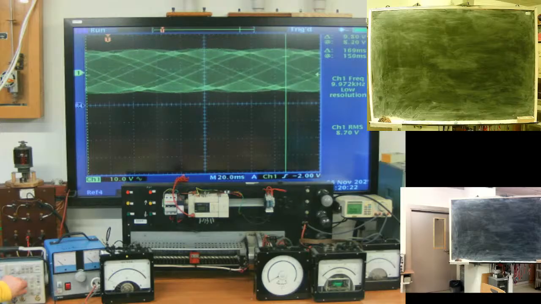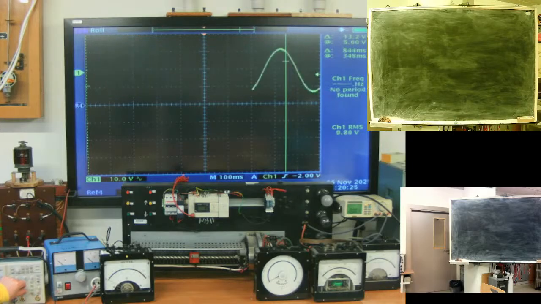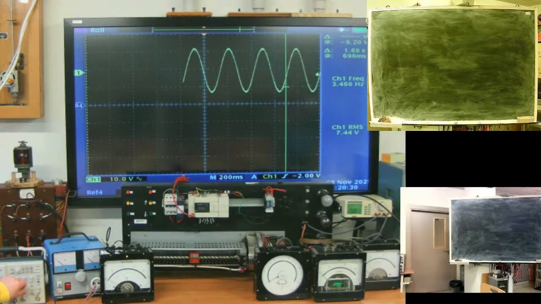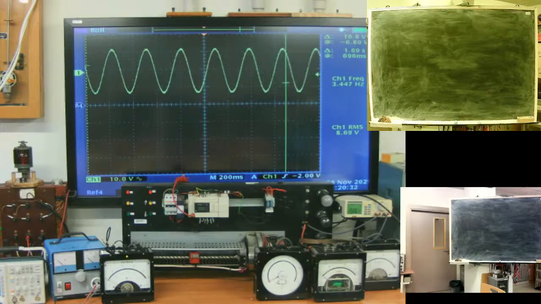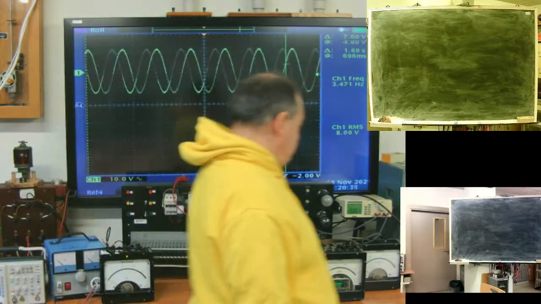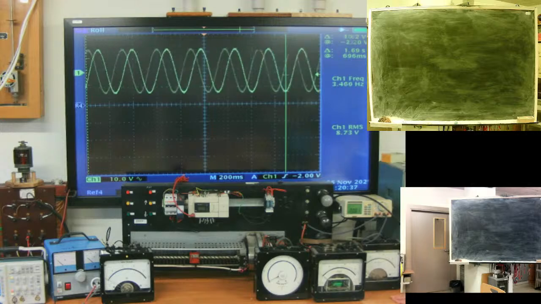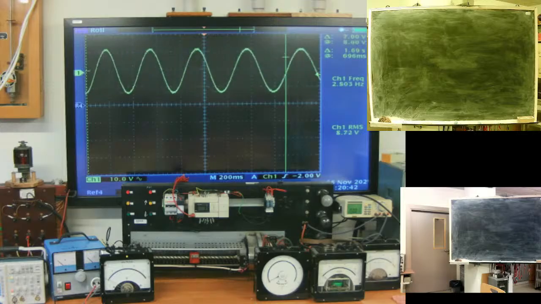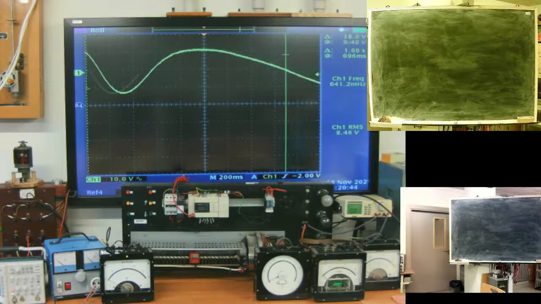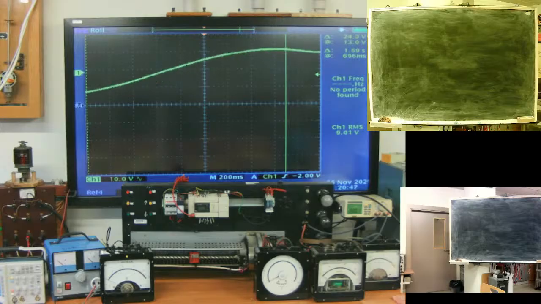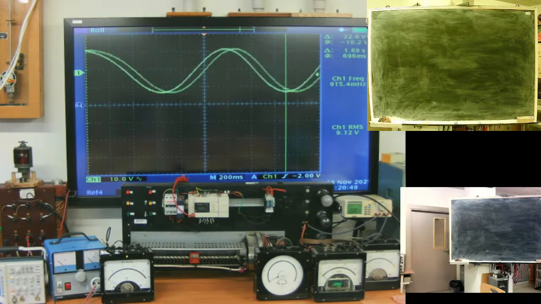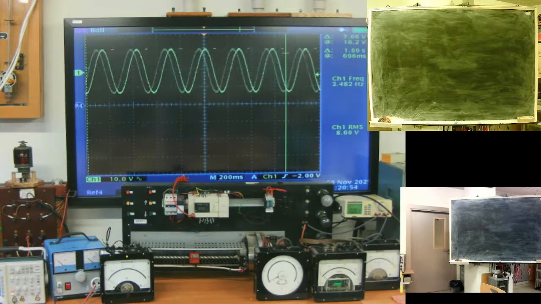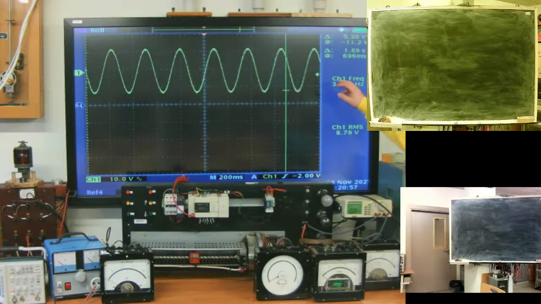I have 10 milliseconds, 20, 40, 100 milliseconds, or 200 milliseconds. Oh, this one is fine. Like this. See what the scope shows.